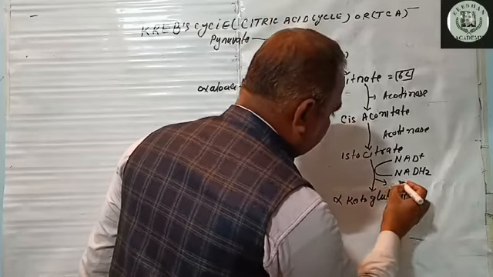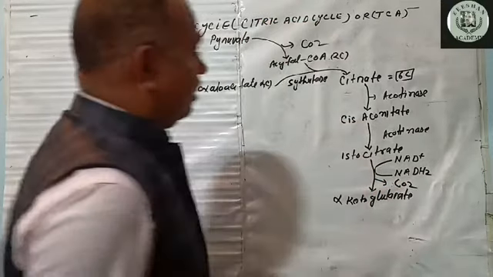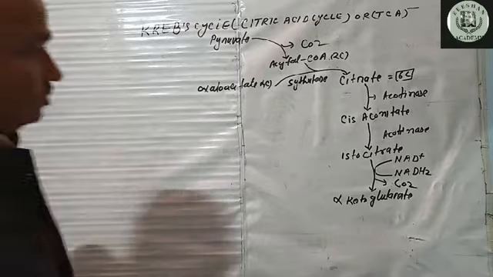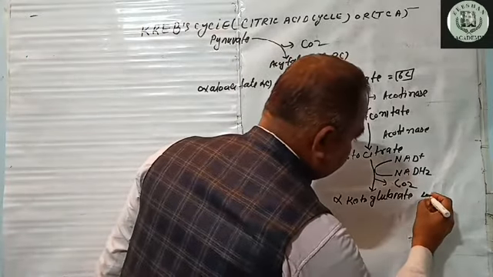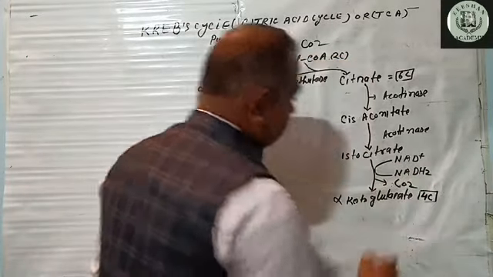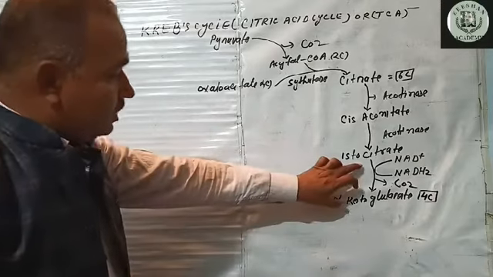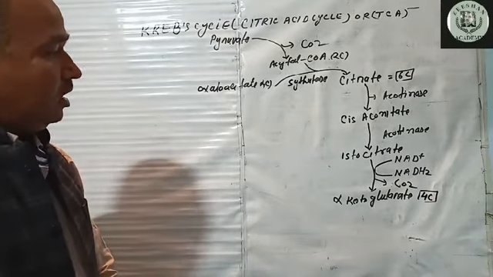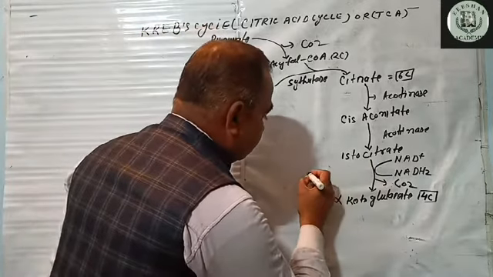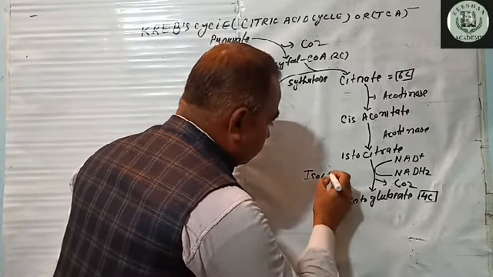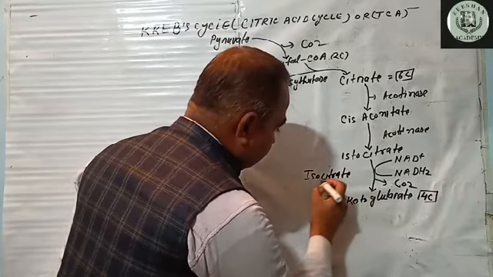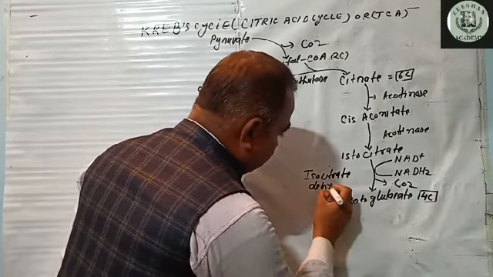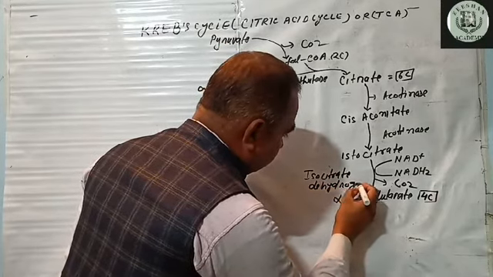Here 1 mole of carbon dioxide is also released. So it is a 4-carbon molecule. This reaction is catalyzed by isocitrate dehydrogenase.